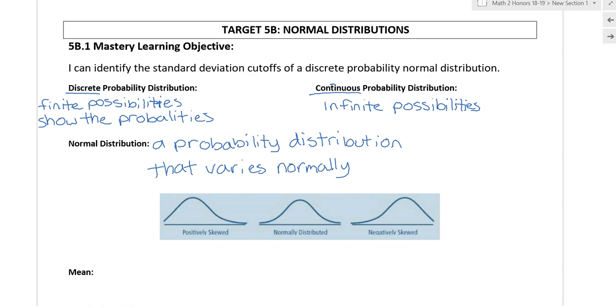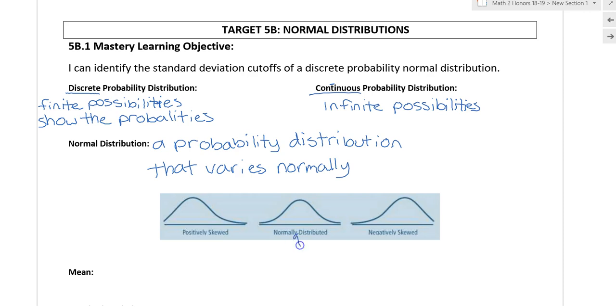They have a middle, which we call the mean, which we'll talk about in our next one. But you've probably heard of it. The average height of women: most people fall in the middle. And as you go out near the ends, you have less people that are 6'5" and less people that are 4'11". Then you have a lot of women that are 5'5".